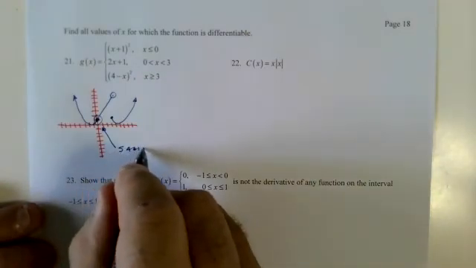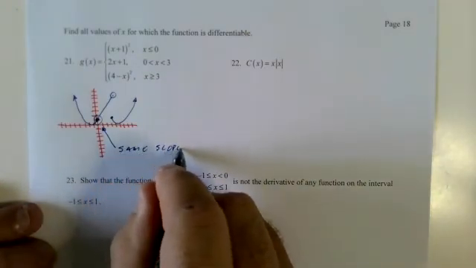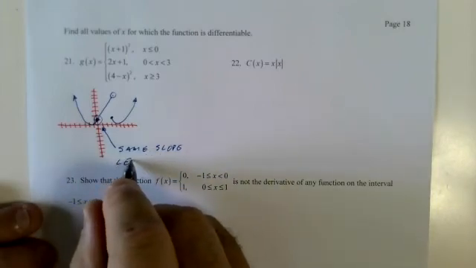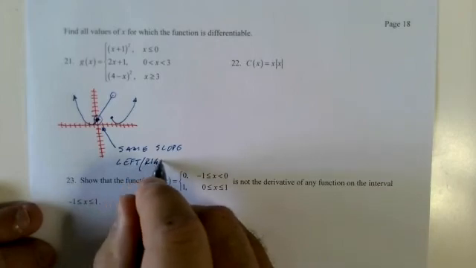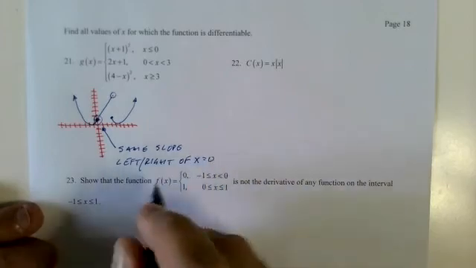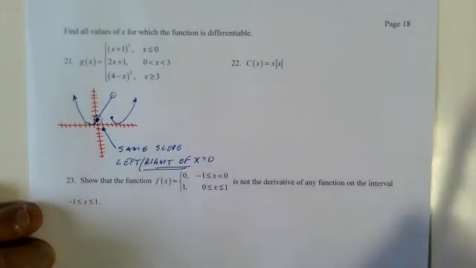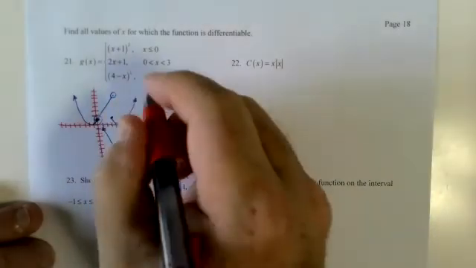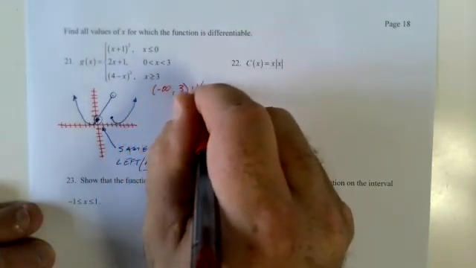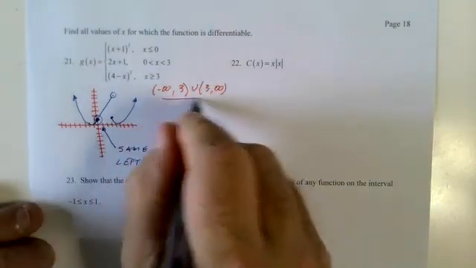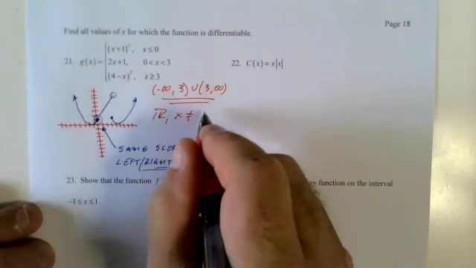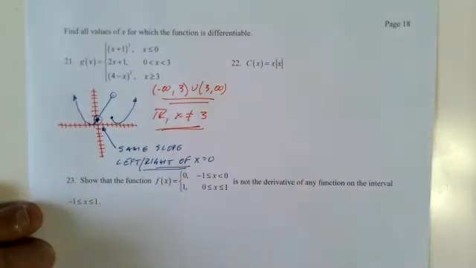This has the same slope both left and right of x equals 0. So here I would go with negative infinity to 3, union 3 to infinity, or all reals, x does not equal 3. Whichever you want.